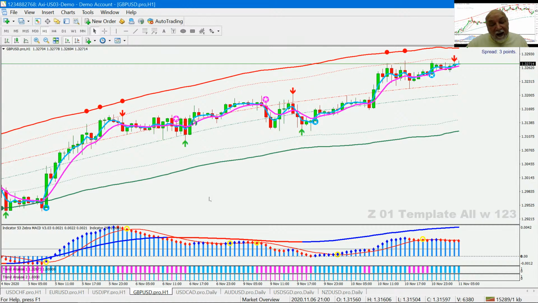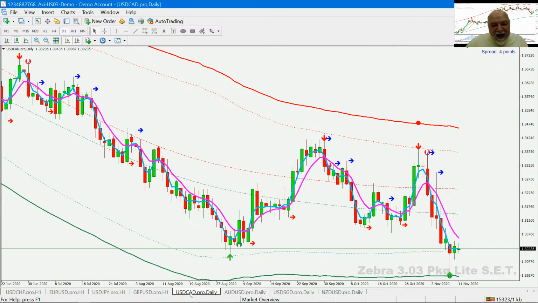So when I'm a little more patient and confident, letting the indicators give me a very strong setup, that's when trades usually work out. All right, so let's go and look at the US CAD.